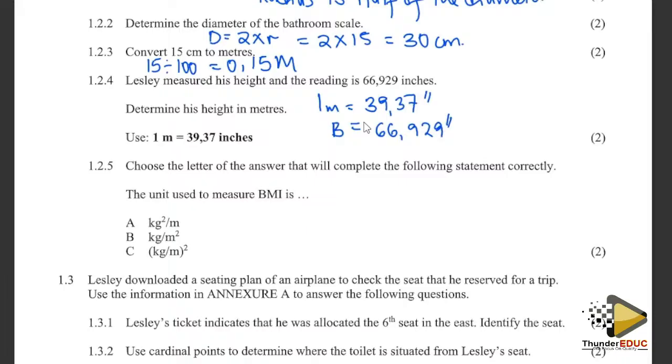I cross multiply, simply meaning I will need to divide, which will become 66.92 divided by 39.37, and the answer becomes 1.7.